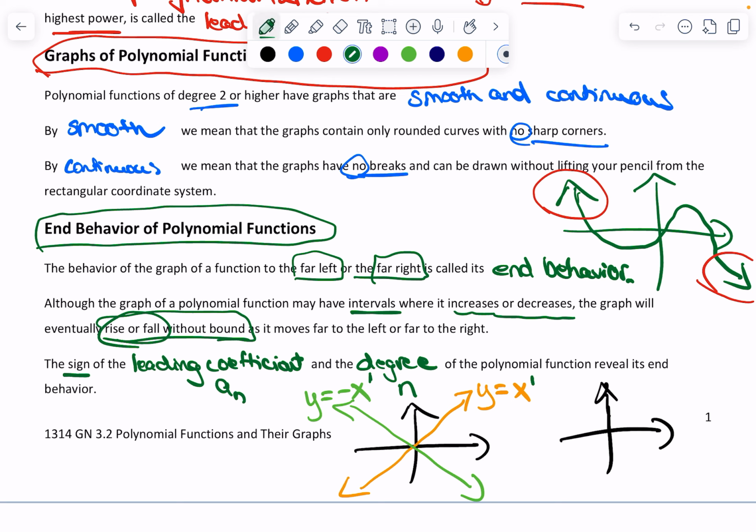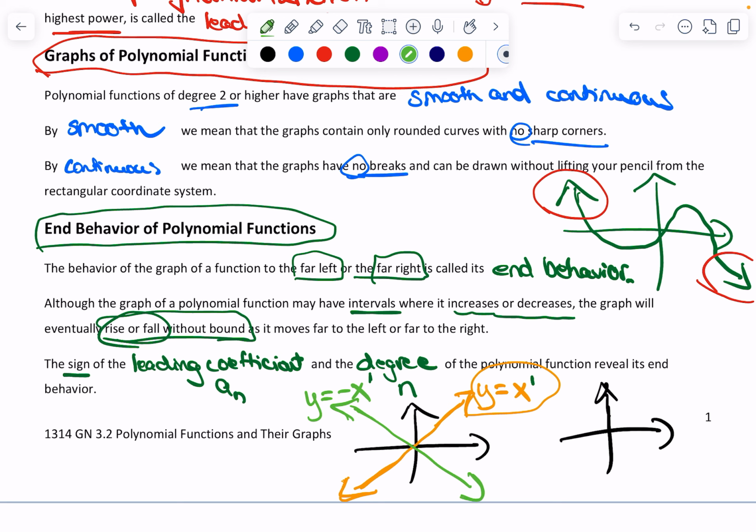So we can see where the ends are going. We can start with these simple ones. We know that this one falls to the left and rises to the right. And we know that if it's a negative x, it rises to the left and falls to the right.